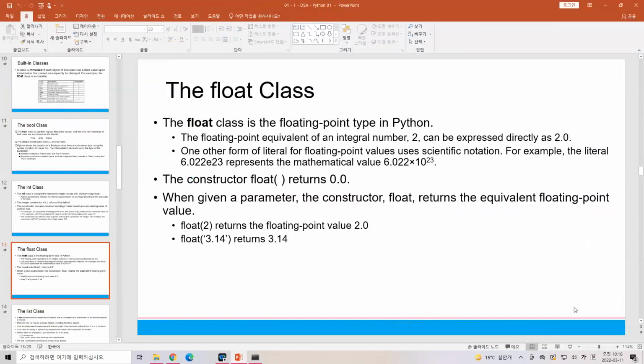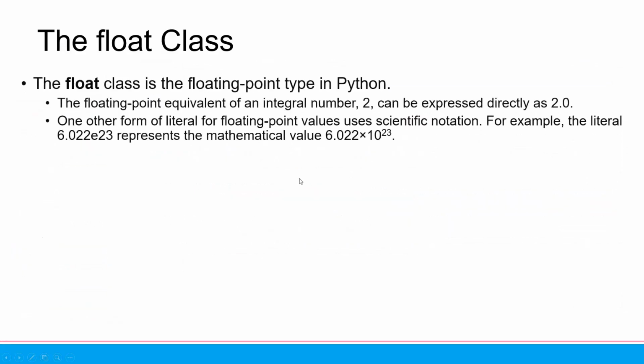The float class is also similar to the integer class. They have many methods inside. So the float class is the floating point type in Python, and the floating point equivalent of an integral number. So 2 can be expressed directly as 2.0. I think in Java, in other programming languages, they also have the same.